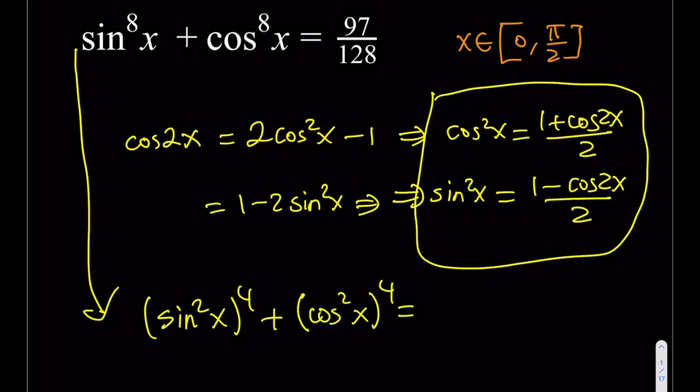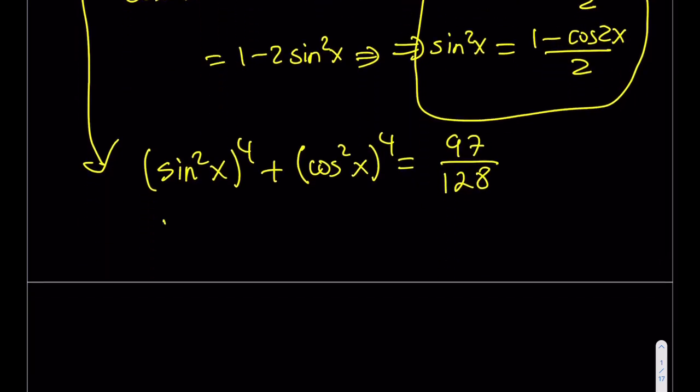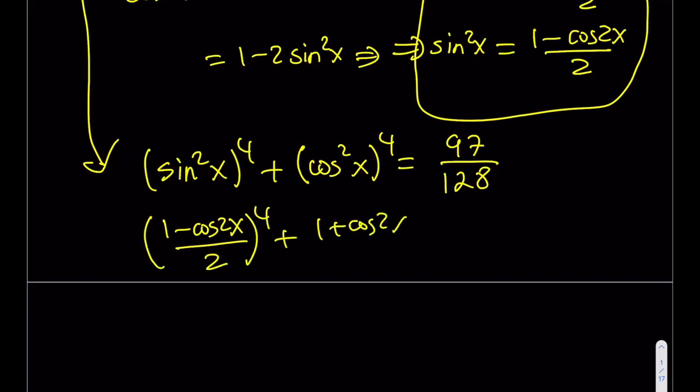And that's actually going to do the trick. But let's see how this proceeds. Now, I'm going to replace sine squared with 1 minus cosine of 2x over 2, to the 4th power. And this is going to give me 1 plus cosine of 2x over 2 to the 4th power.